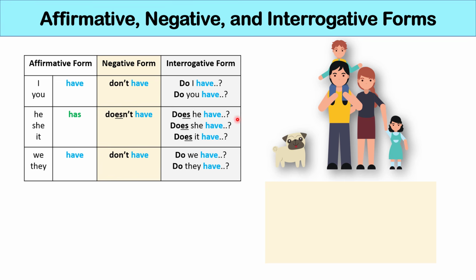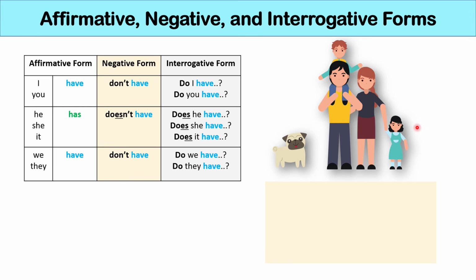Does he have? Does she have? Does it have? And in the affirmative form, we have, they have. We don't have, they don't have. Do we have? Do they have?